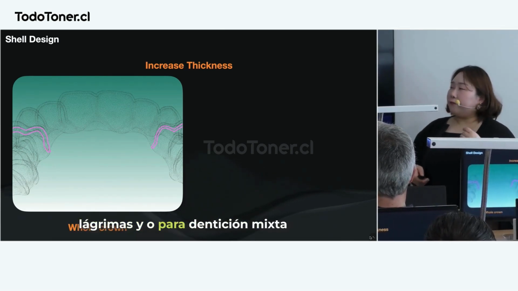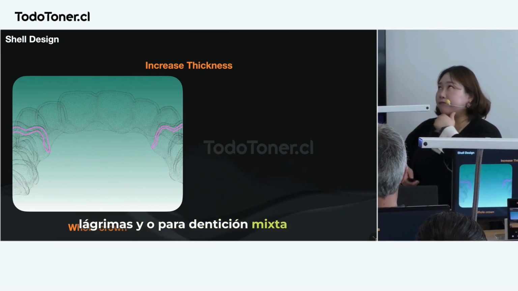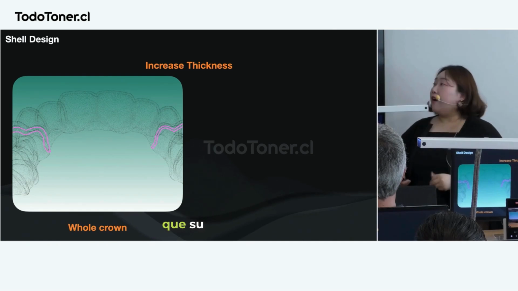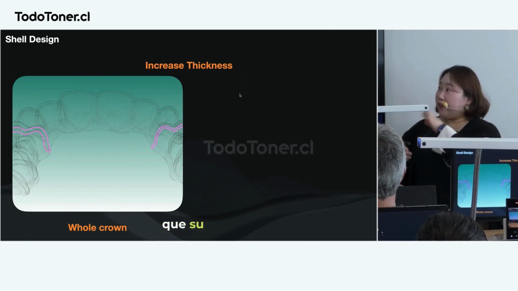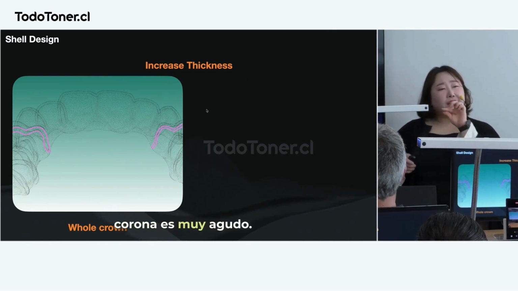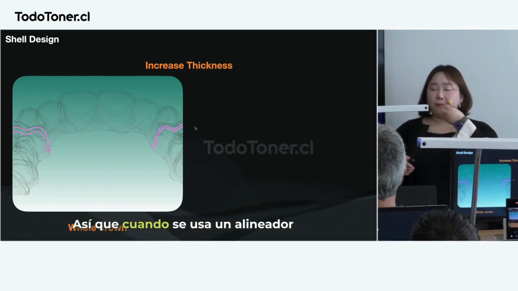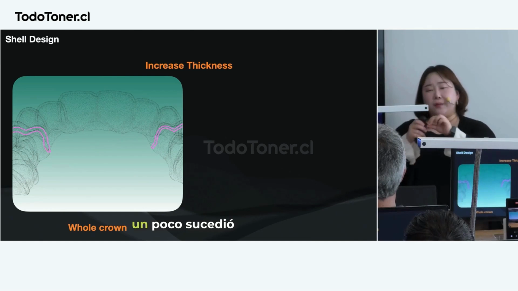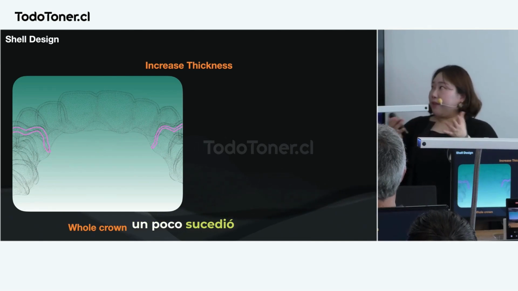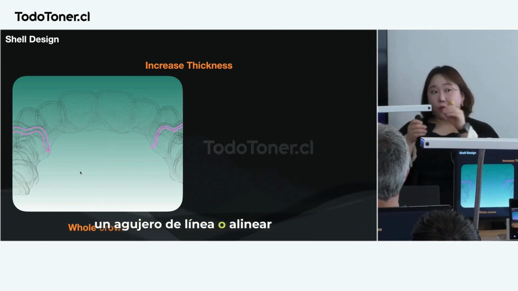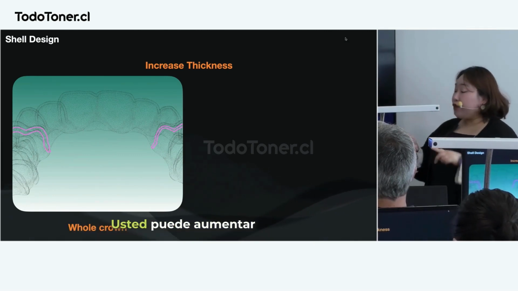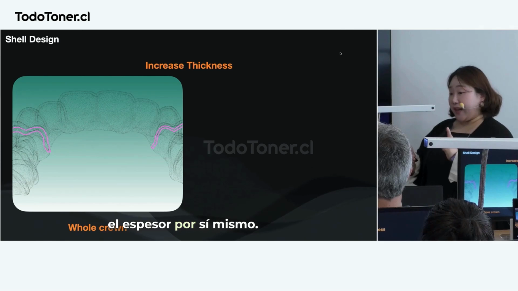Or for mixed dentition, where the crown is very sharp, when wearing the aligner, an aligner hole or aligner crack can happen. At that time you can increase the thickness by yourself.